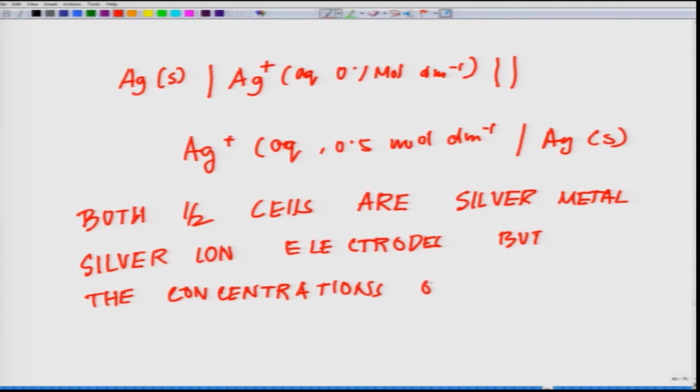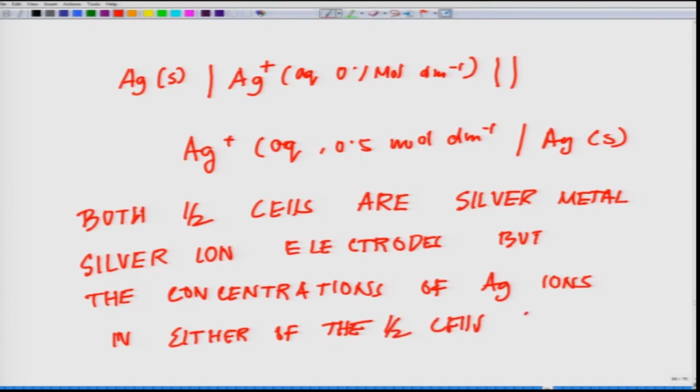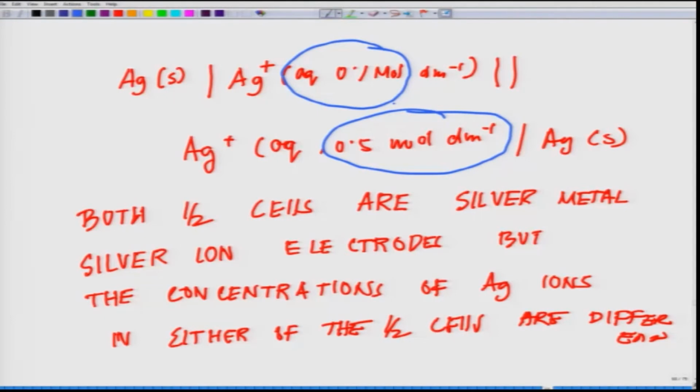As you can see clearly, this is the difference out there.